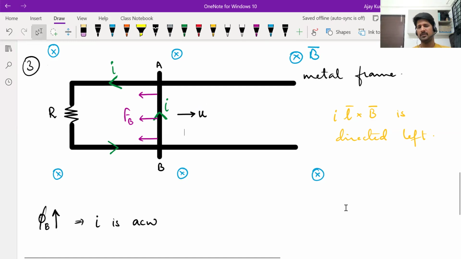Eventually, what do you think will happen? Will the rod stop? Will it come back?